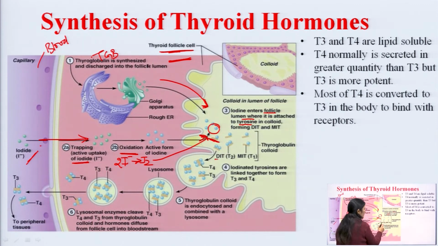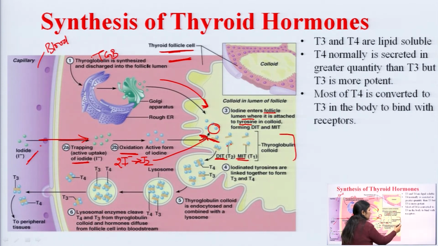So, it forms the DIT when two molecules of iodine bind with the tyrosine. When one molecule binds, then it forms the monoiodotyrosine. So, iodine enters the follicle lumen where it is attached to the tyrosine in colloid, forming DIT and MIT.